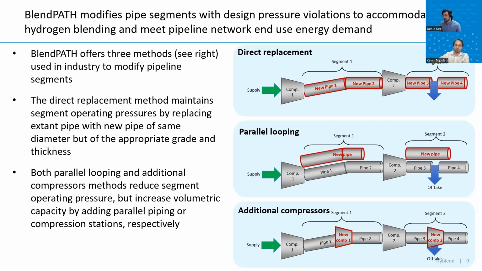What this means is the existing pipe is not touched, and we add new pipe parallel to it such that we increase the hydraulic diameter. Next, moving on to additional compressors. In this method, we add additional compressors spaced throughout each of the segments such that we can increase the volumetric capacity by operating at higher pressures.